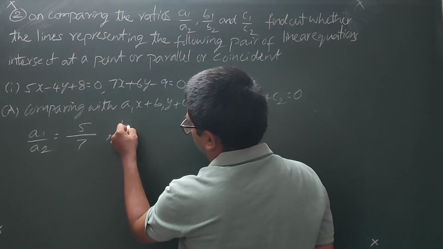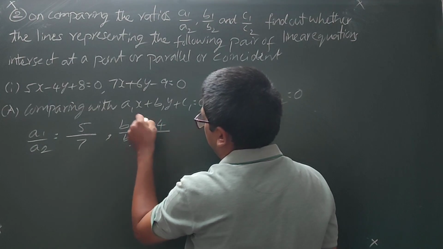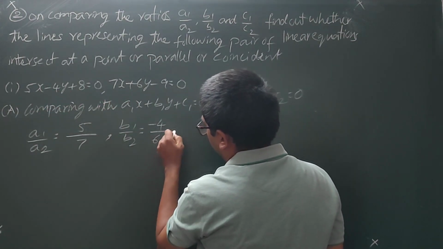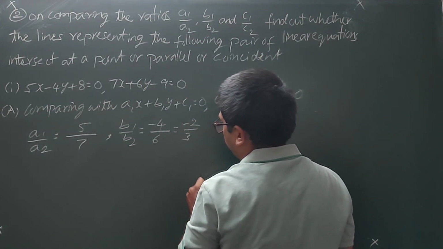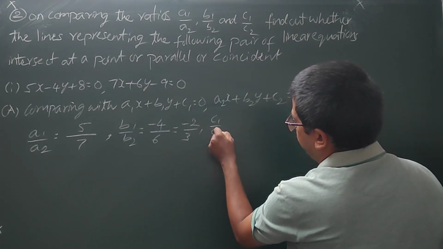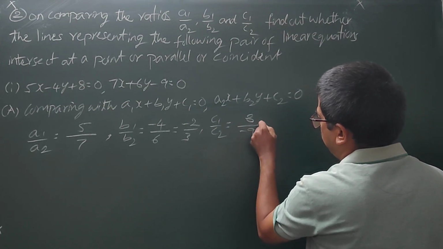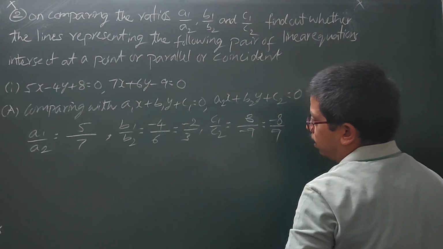Next, b1 by b2, y coefficients, minus 4 by 6, it's equal to minus 2 by 3. Next, c1 by c2 equal to 8 by minus 9 equal to minus 8 by 9.